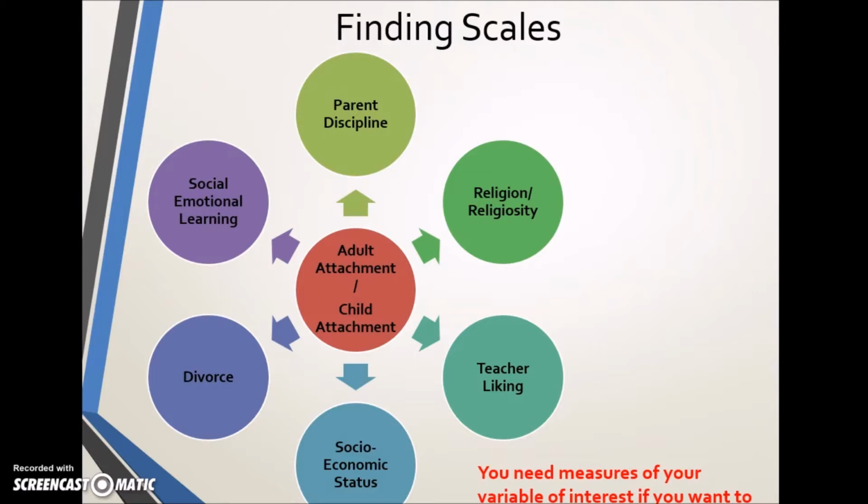But with that, you're also trying to make hypotheses about how these things are related. So with divorce, for example, is your hypothesis that a child in a family with divorced parents is going to be more or less attached to the parent they stay with after the divorce?